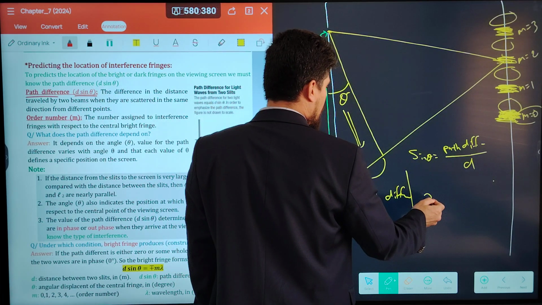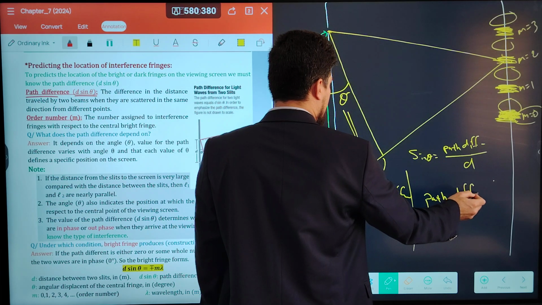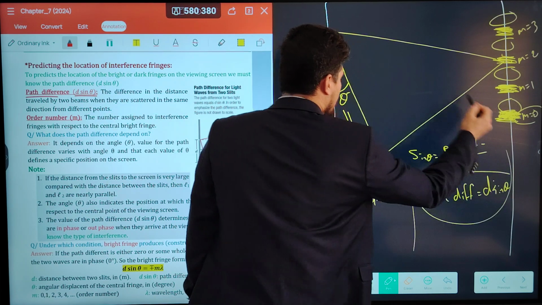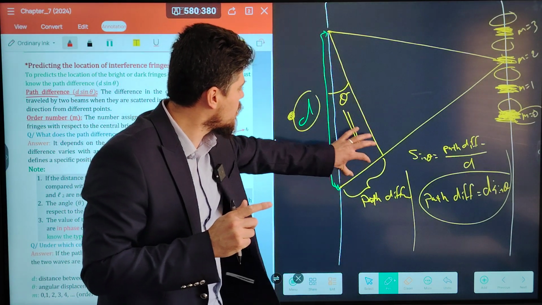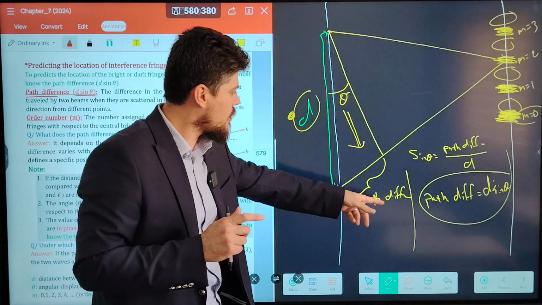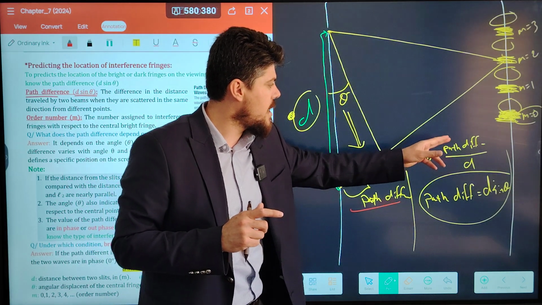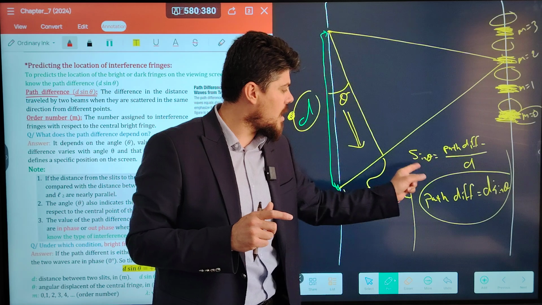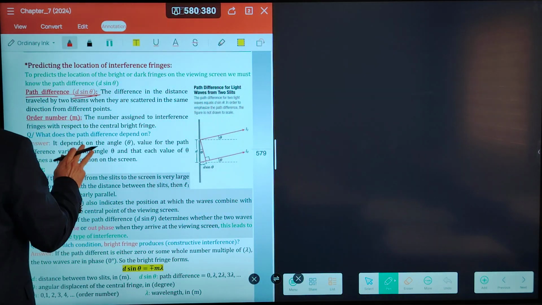If you rearrange, path difference is equal to d sine theta. Sine theta is opposite over hypotenuse, hypotenuse is d, and opposite is path difference. Path difference is equal to d times sine theta.